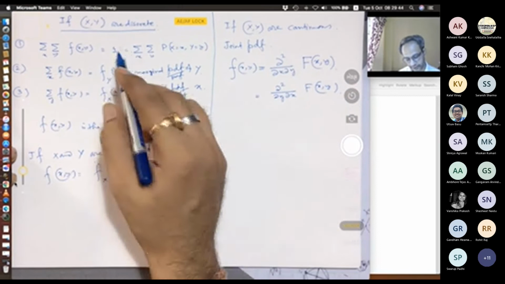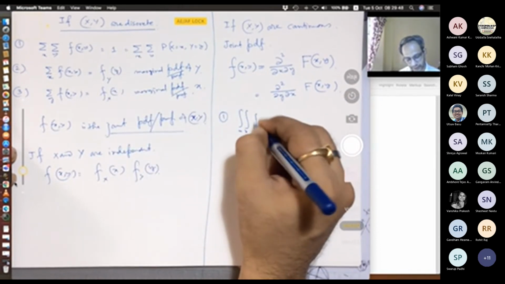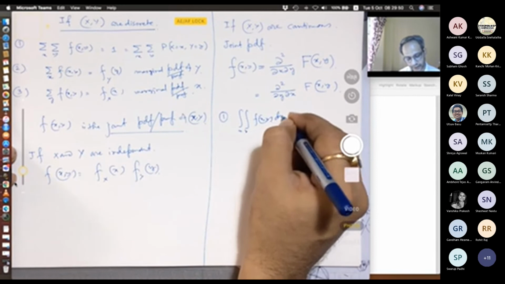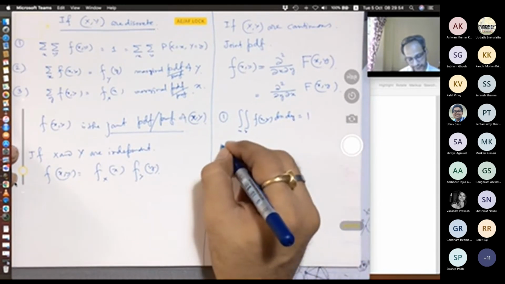So again a similar result to this one: the double integration of f_xy dx dy equals 1, total probability 1.